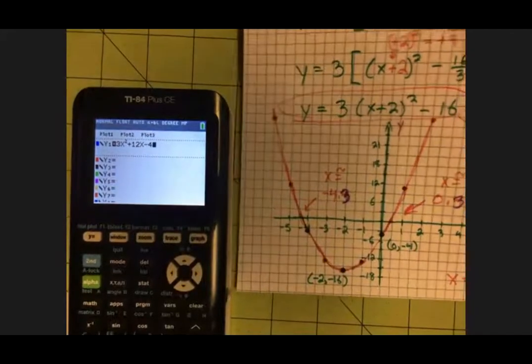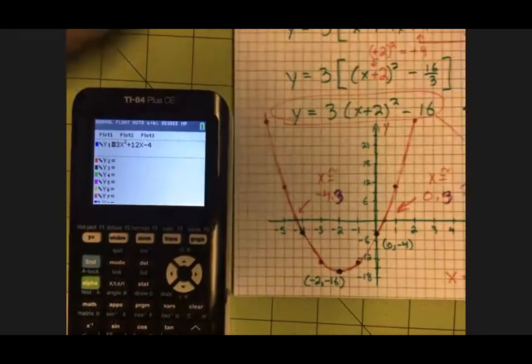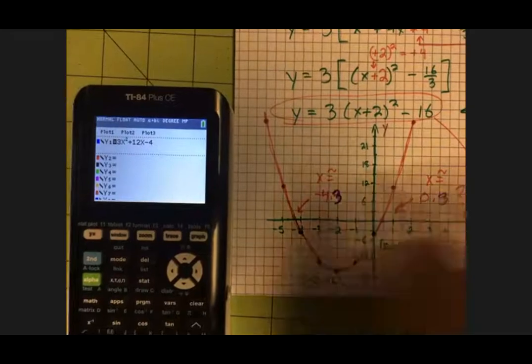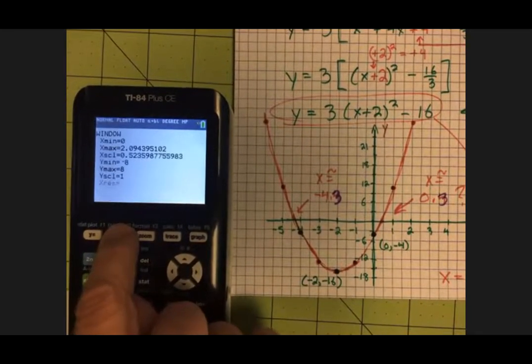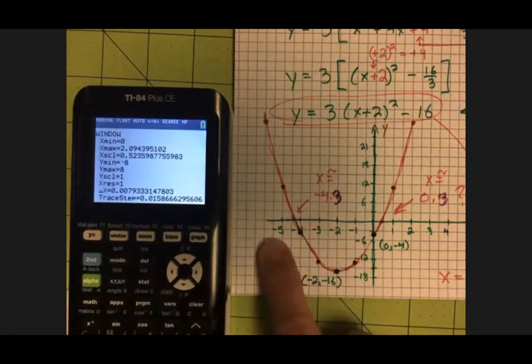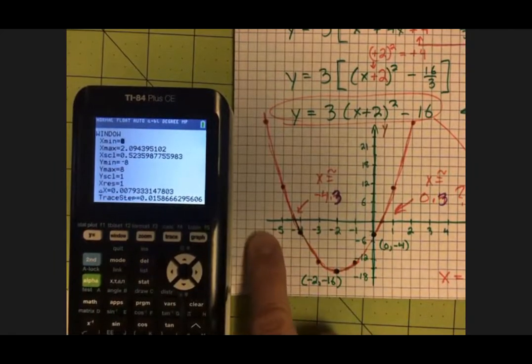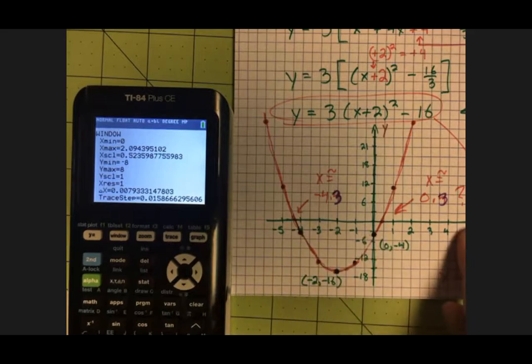Now let's check out the scale. What do I want for my scale window? I want x min to be maybe minus 6, maybe minus 7. Let's say minus 6.5 to 5.